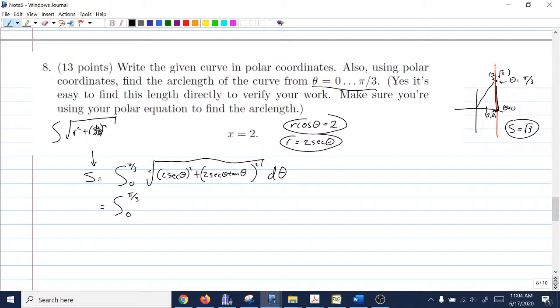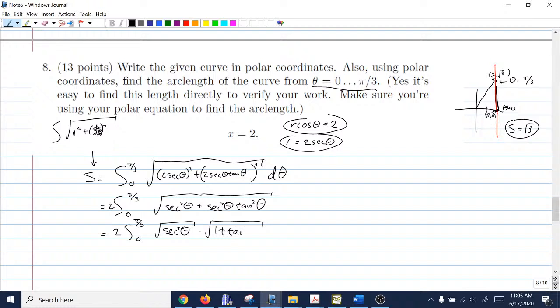There's a 4, square root of 4 is 2, I can pull that all the way out of the integral. If both of these have a 2, we can factor that out. I get the square root of secant squared plus secant squared tangent squared. There's a factor of secant squared I can pull out. That leaves 1 plus tangent squared, which is another secant squared.